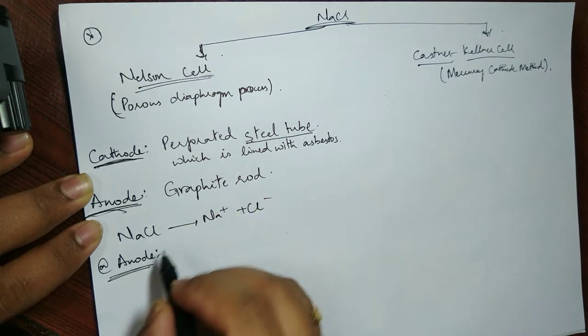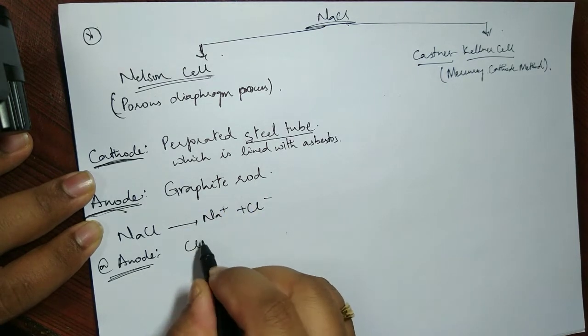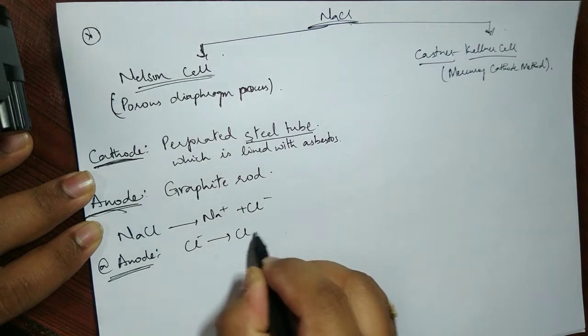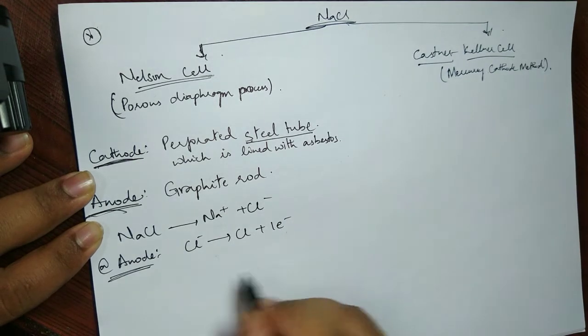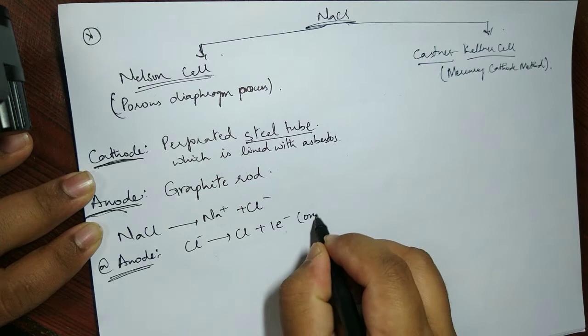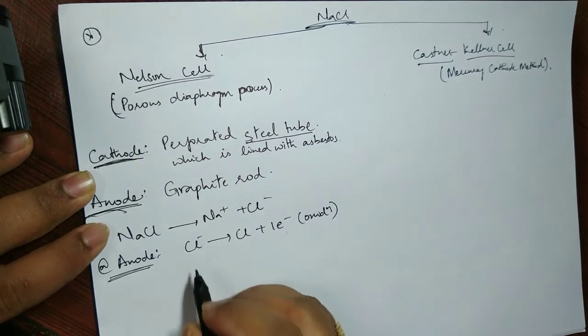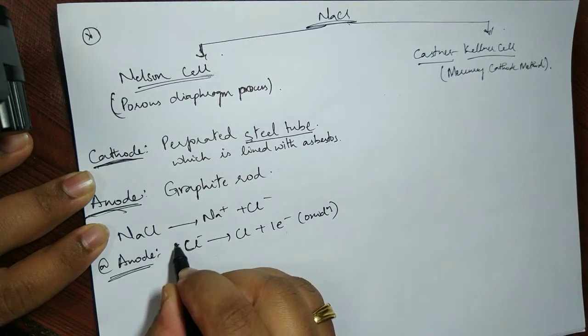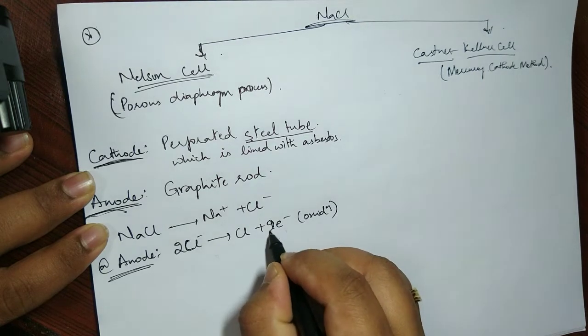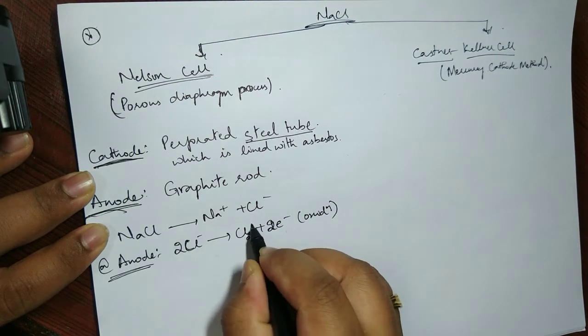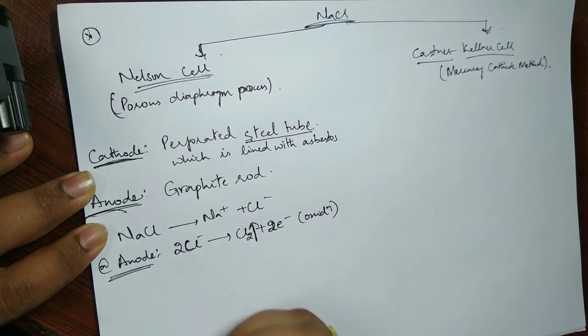At the anode, 2 Cl- will liberate 2 electrons and form Cl2 gas, and this process is called oxidation. So Cl2 gas is released at the anode.